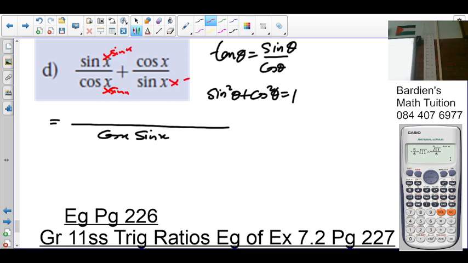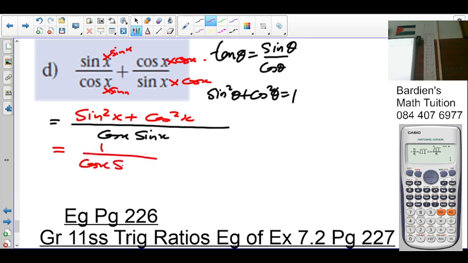This must be multiplied by cos x, yes. So what is sin x times sin x? Sin squared x plus cos squared x. And what is sin squared x plus cos squared x? So it's 1 over cos x times sin x. Any confusion? Okay.